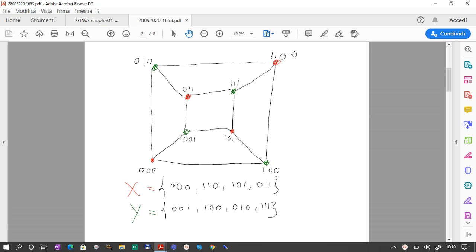They differ by more than one coordinate, so they are not joined by an edge. 0,0,0 and 0,0,1 are, and 0,1,0 are joined because of the rule we have assumed. Okay.